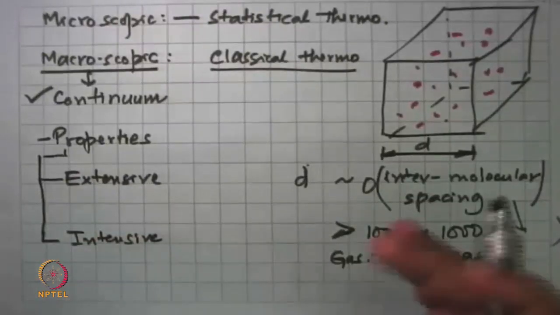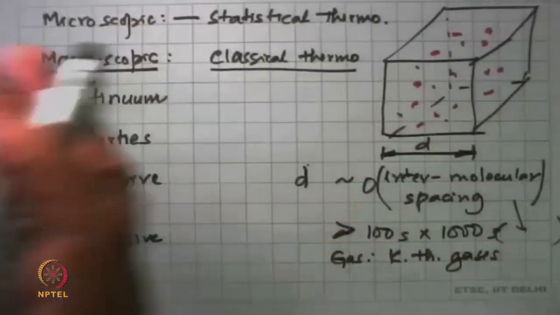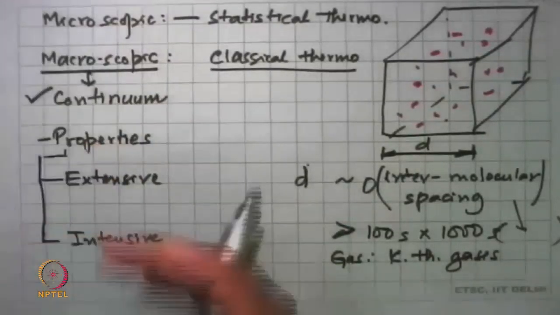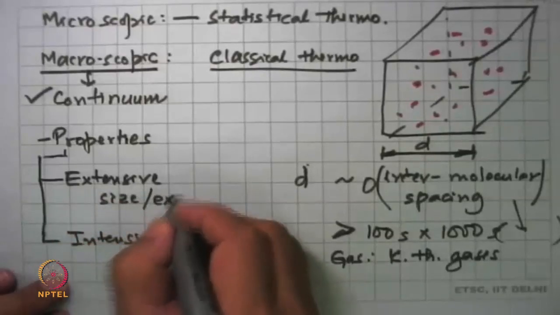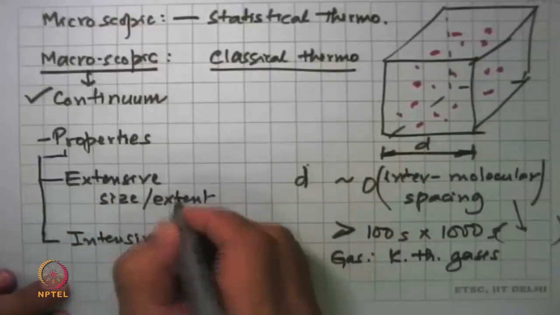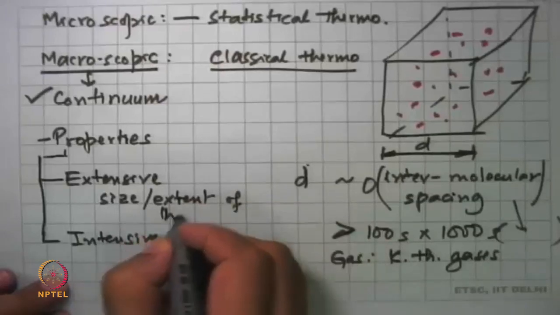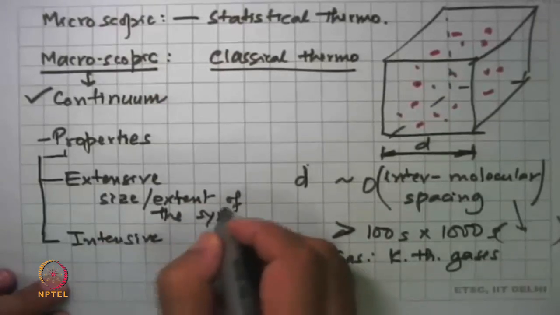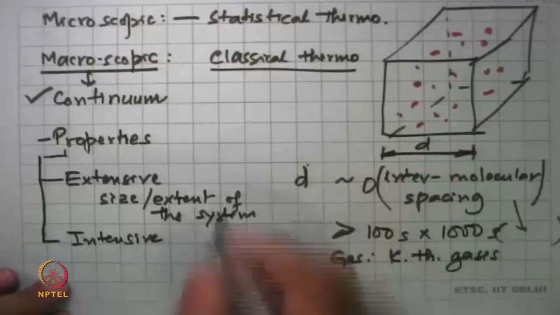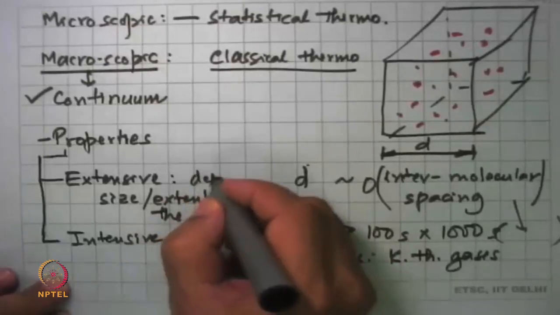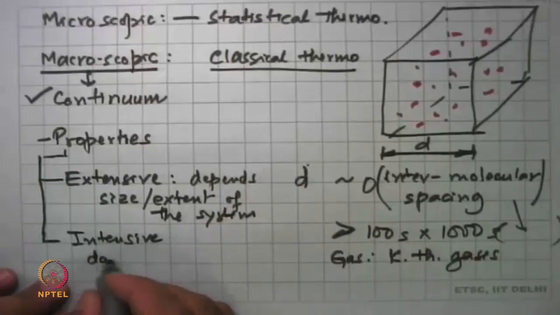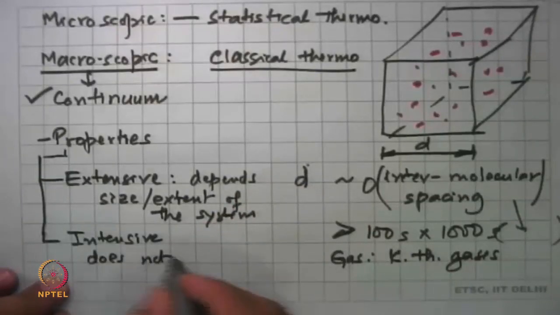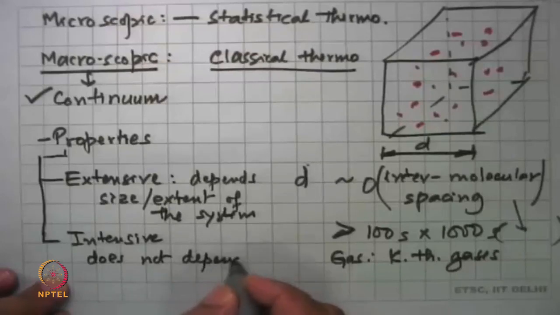Very simply, an extensive property is some number of the system or the characteristic of the system that depends on the size or the extent of the system. And intensive is something that does not depend on the size or the extent of the system.